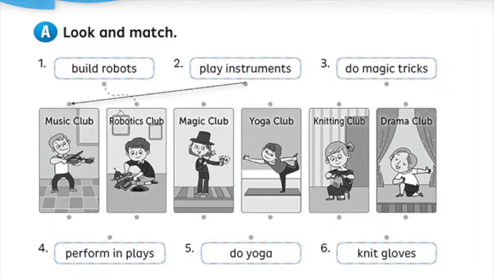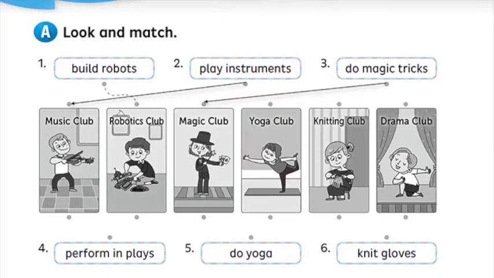Which school club do we do magic tricks in? That would be the magic club. Of course, magic club. So draw a line from do magic tricks to the magic club.